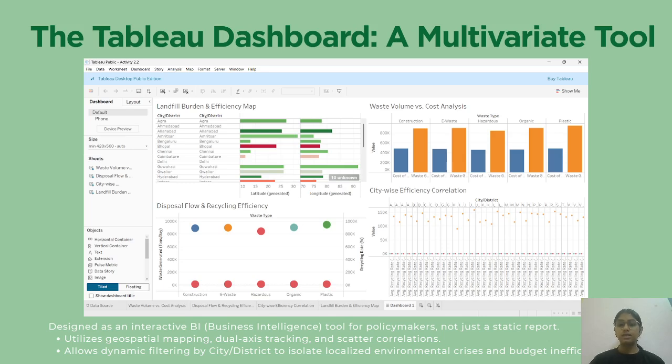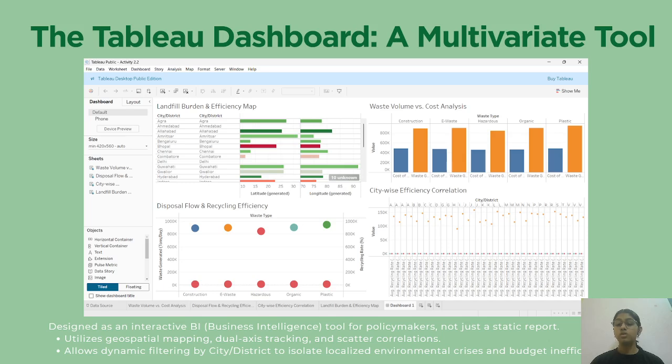Next is my final Tableau dashboard. It has four sheets combined together, and the first one is the landfill burden and efficiency map. The second is waste volume versus cost analysis, how the waste is generated and how the cost is analyzed.